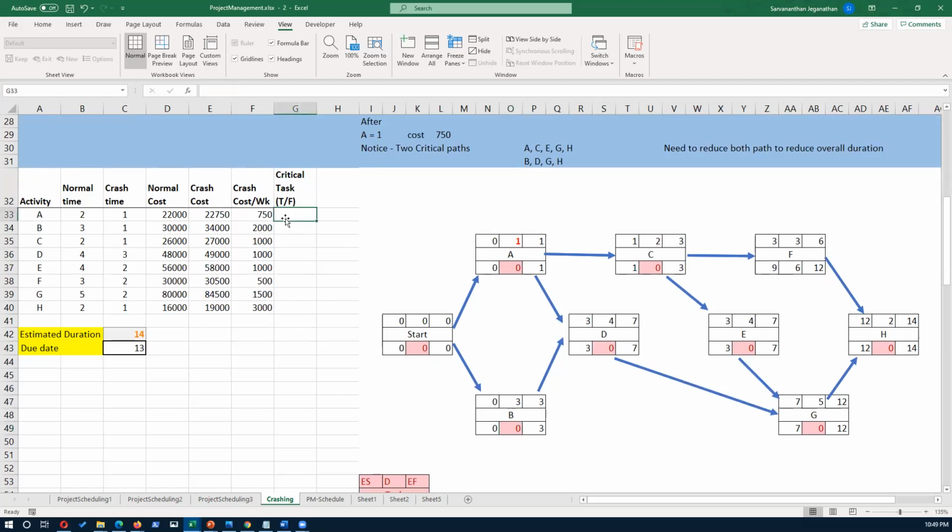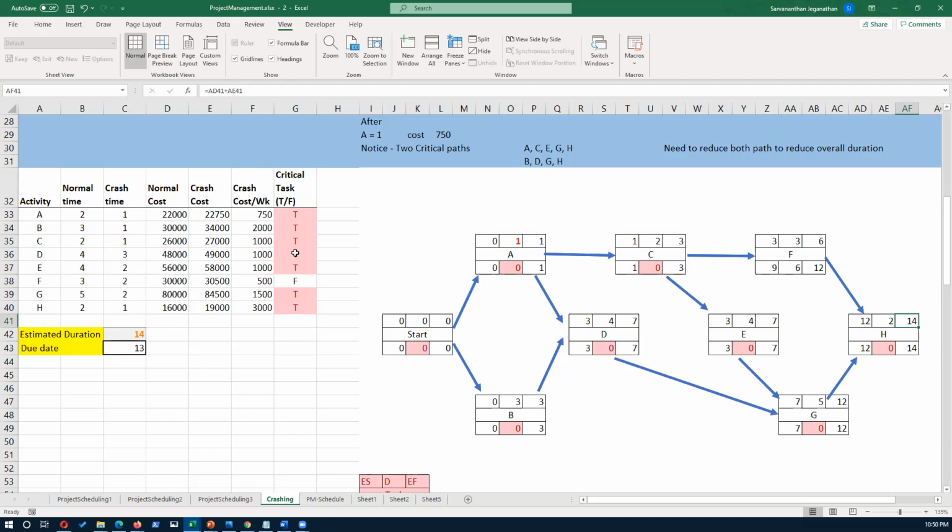So our critical tasks have changed. So A is a critical task, B is, C, D, E, and except for F, everything else is on the critical path. So by reducing 1 week here, we have brought down the total duration of the project to 14 weeks. Now we have to reduce 1 more week.